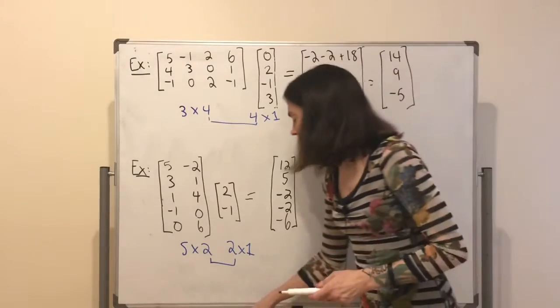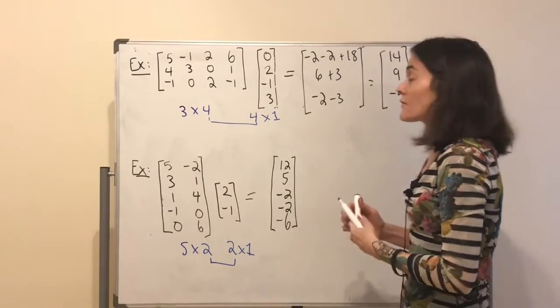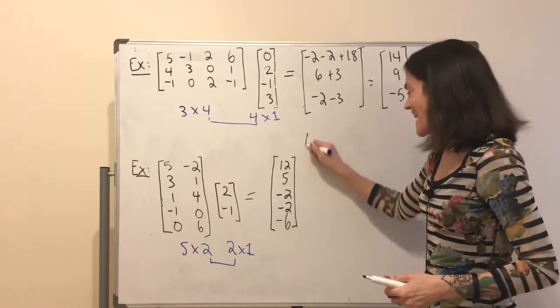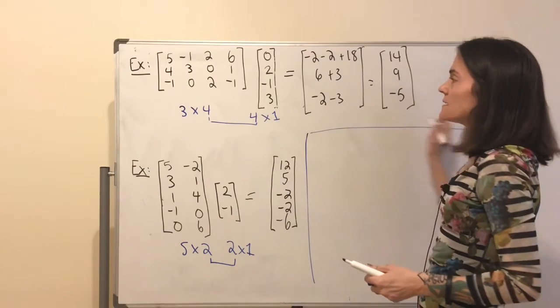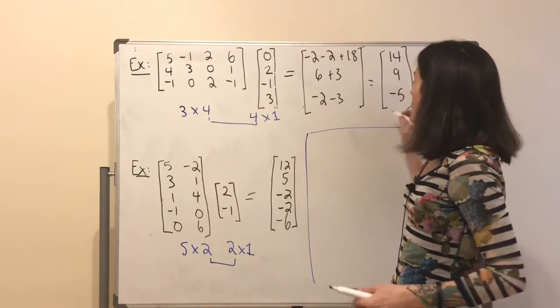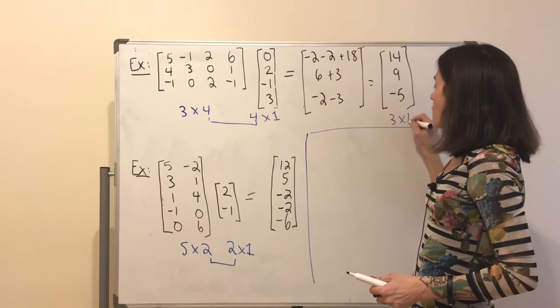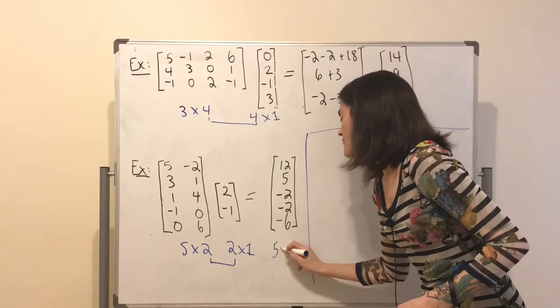Okay? But, for a non-example, I should say, I'll show you here. We got a 3 by 1. Here, we got a 5 by 1.